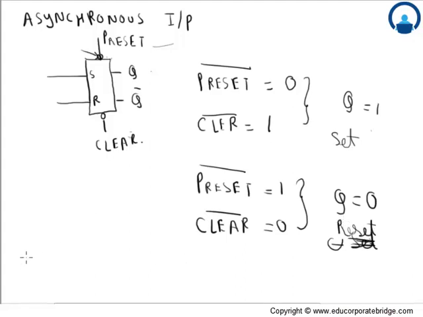Okay, let's say the other input is a clock. Since we are working with preset and clear, there is no need for the flip-flop to respond to the states of the clock.